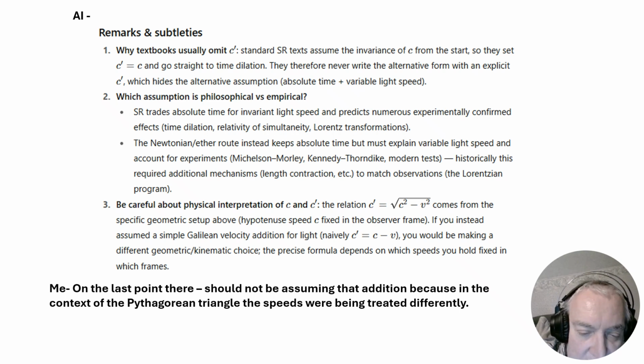If you instead assumed a simple Galilean velocity addition for light, namely c prime is equal to c minus v, you would be making a different geometrical/kinematic choice. The precise formula depends on which speeds you hold fixed in which frames. And so my note on that is, if you were using that formula of c prime equal to c minus v, you would be messing things up in the context of the Pythagorean triangle, where the speeds are being treated differently to that equation.